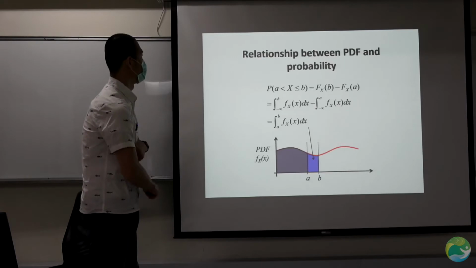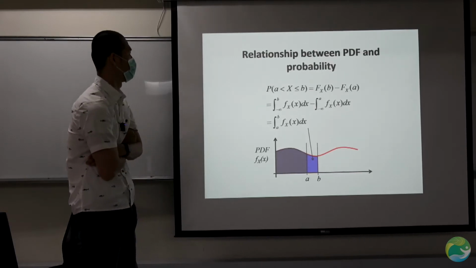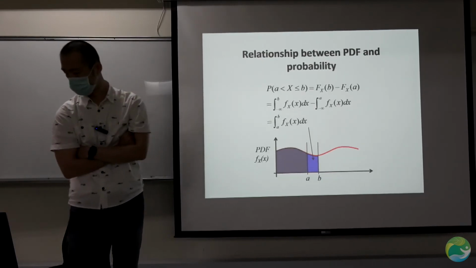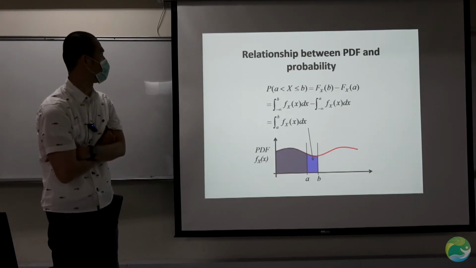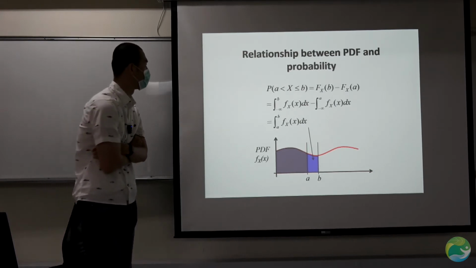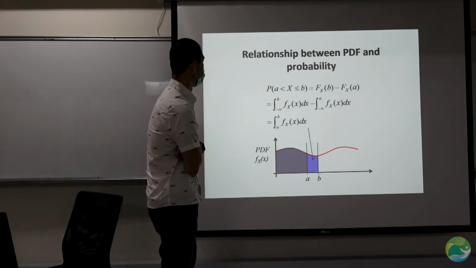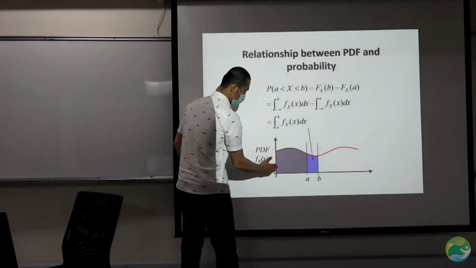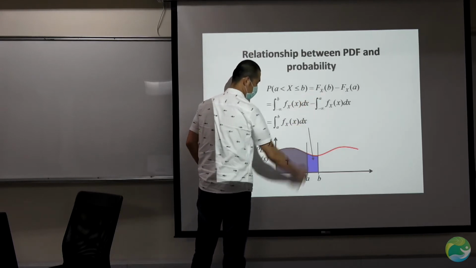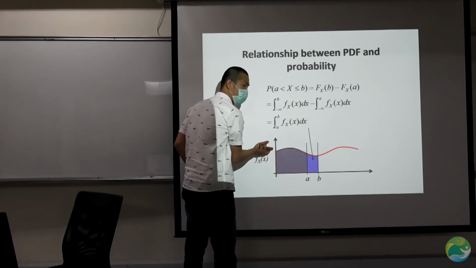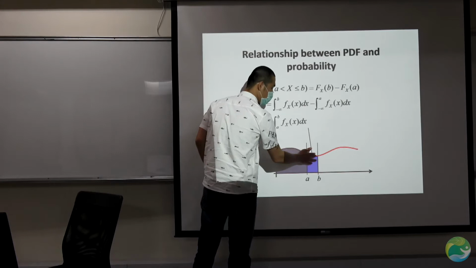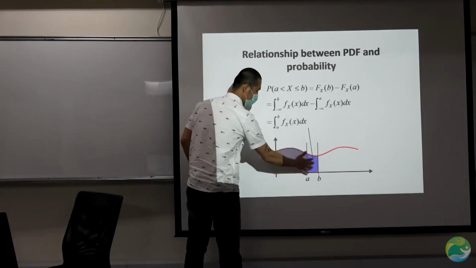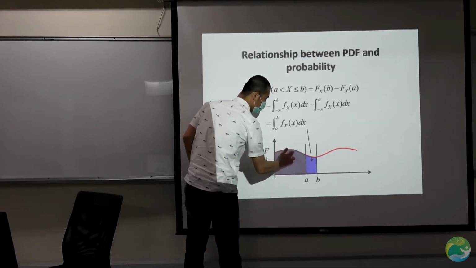So here is a relationship between the PDF and the probability. For the probability, we can integrate. What does probability mean? Probability means the area under the PDF curve, okay? So this area means the probability.